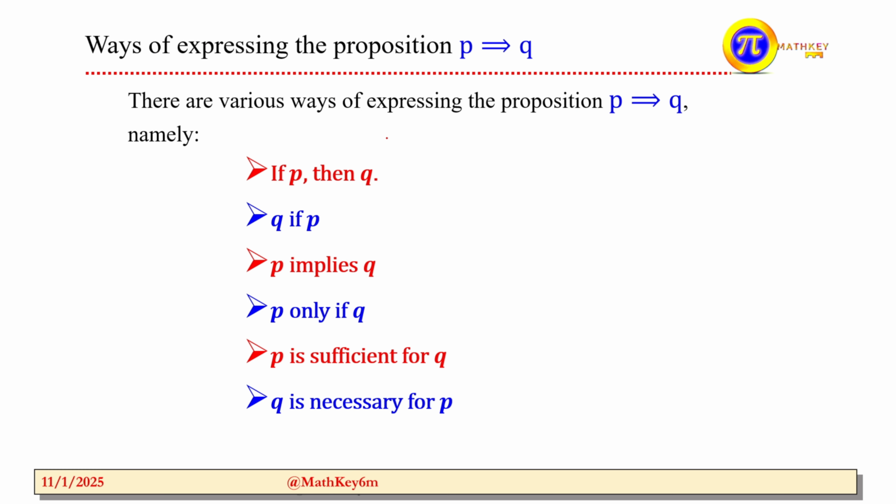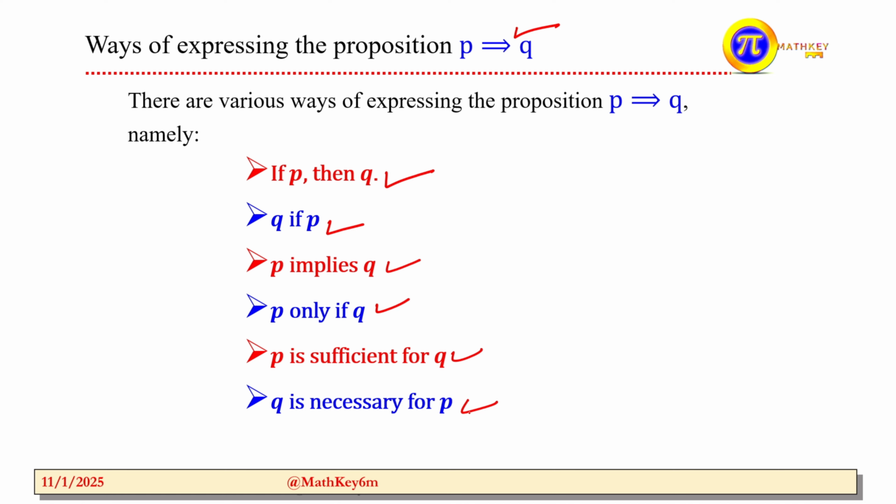Let us consider the other one, ways of expressing proposition or statement የምንገልጽበት, like this implies. There are different ways of expressing this when you combine two statements by implies. You may say that if p then q, this is another naming of p implies q. If p then q, p only if q, p is sufficient for q, or q is necessary for p.